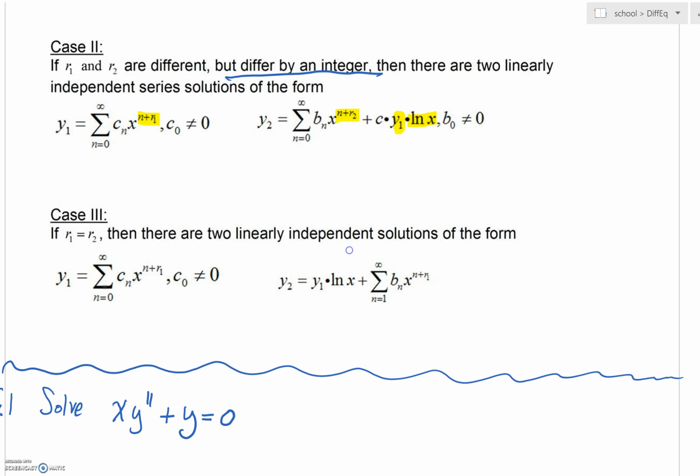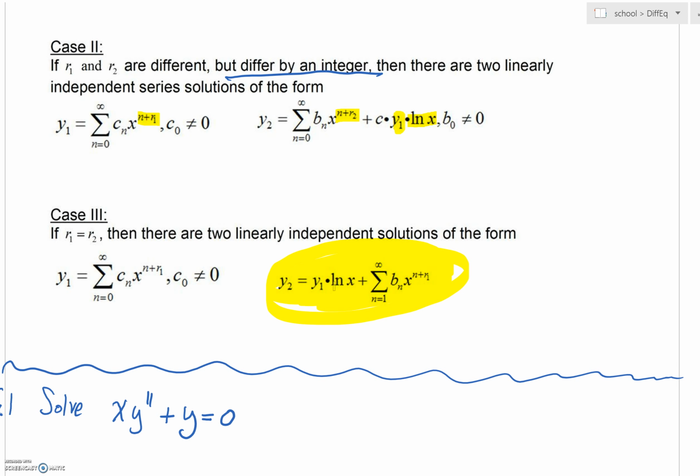Case 3: what if your r's are equal to each other? This is going to look remarkably close to what we just talked about. You'll get two very different series here. However, you'll get a second form with y1 natural log of x once again, and your counter is just a little bit off with sigma.